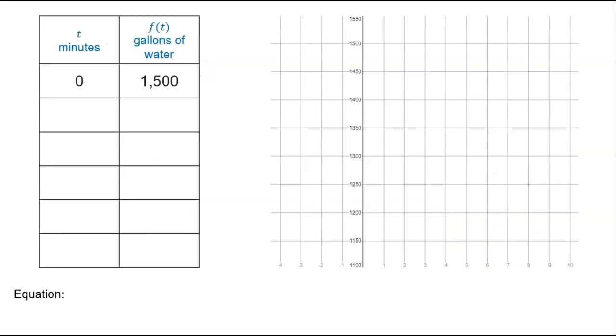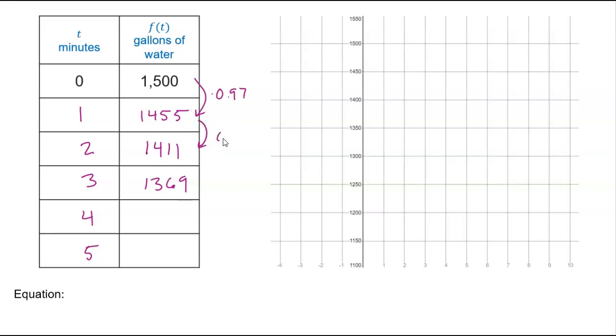So let's take a look at how we use this in a table. Let's see, t minutes, so we'll just count these up, 1, 2, 3, 4, 5. And then we're going to multiply by 0.97 now as our common ratio. So 1500 times 0.97 is 1455, times 0.97 is 1411, times 0.97 is 1369, and I'm just rounding because these have decimal points.